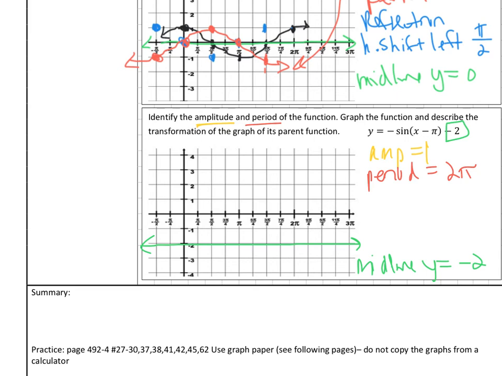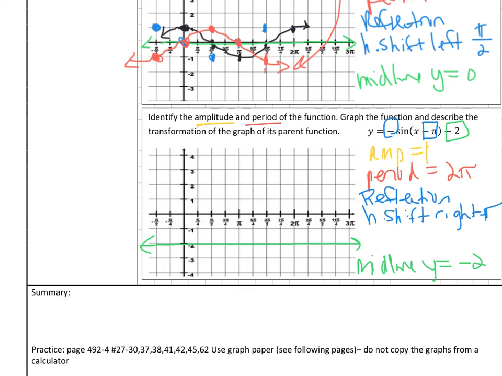And then last but not least, our transformation. So we've got ourselves a reflection, and that's going to reflect across the midline. We have a horizontal shift, right pi. Remember, if it's a plus, you're going to go left.